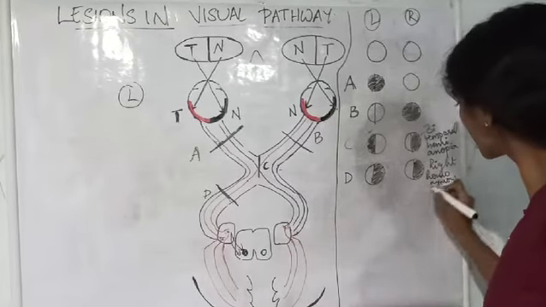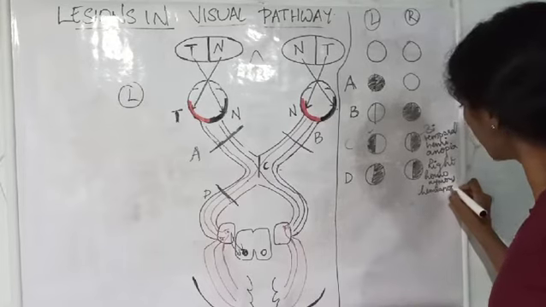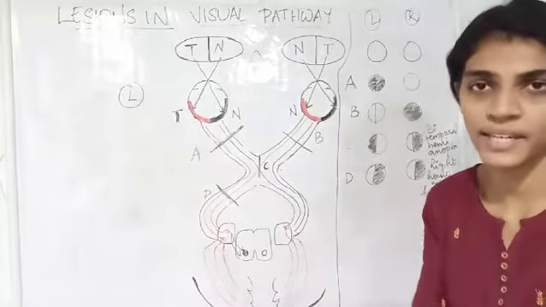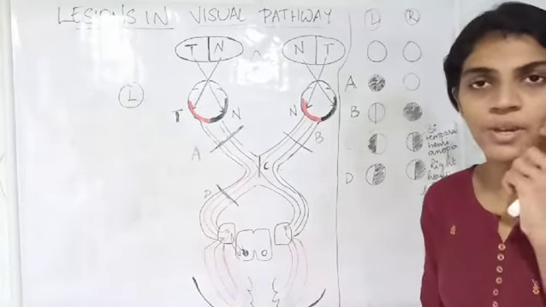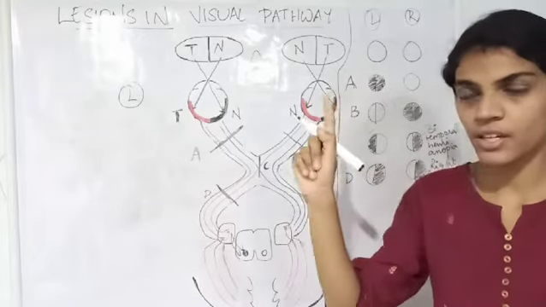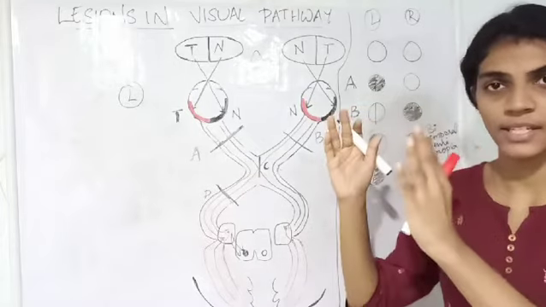Homonymous hemianopia. What is anopia called? Anopia is blindness. What is hemi? Hemi means half. Hemianopia refers to a condition in which we are having a visual field, which includes temporal and nasal.